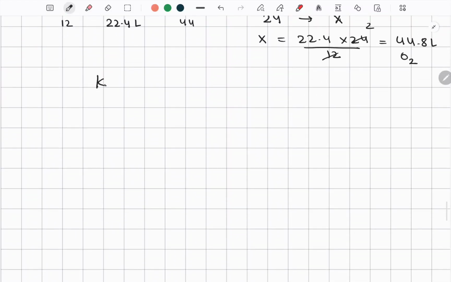Now it's very simple. Let's write down the balanced chemical equation. KClO3 on heating gives us KCl plus oxygen. To balance, we put 2 over here, 2 over here, and 3 over here. Now what is the molecular weight of KClO3?